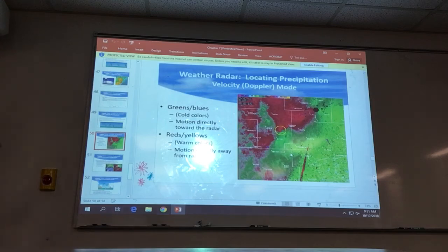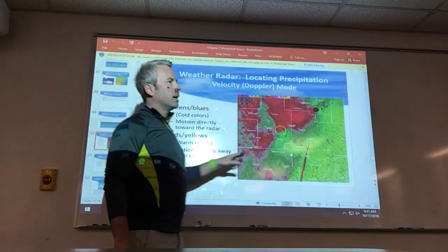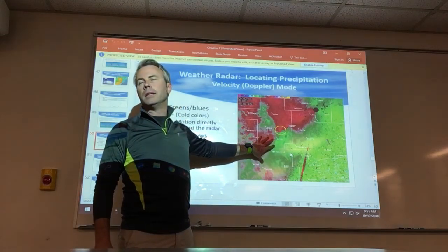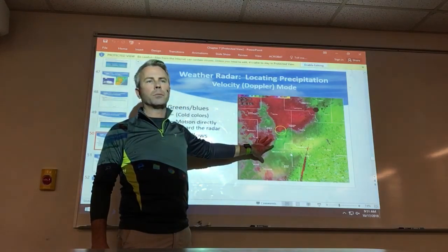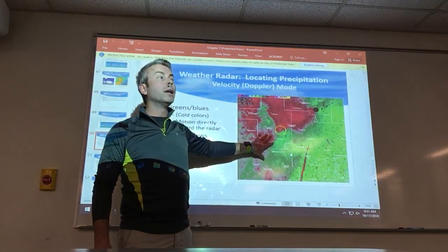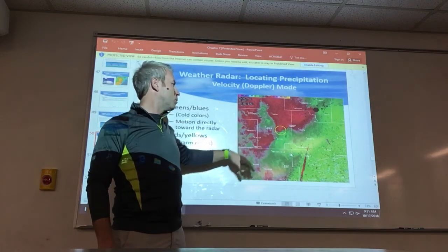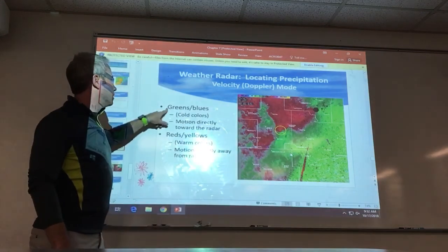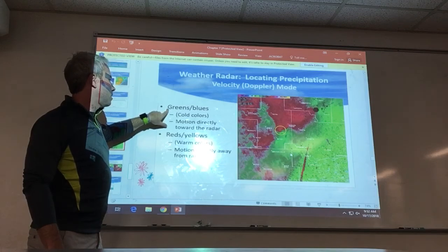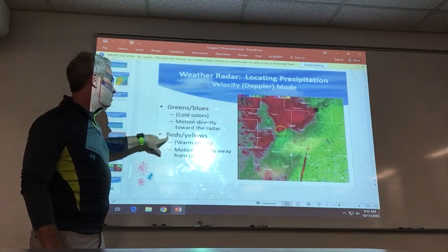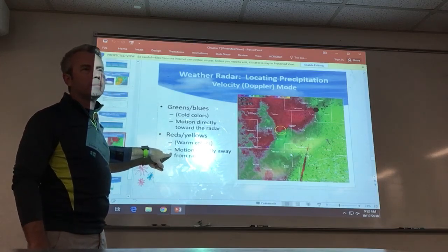This is used for trying to detect any kind of spin in the atmosphere, or in a thunderstorm, like a tornado, for example. The way this works is that your greens are your inbound winds, your reds are your outbound winds.